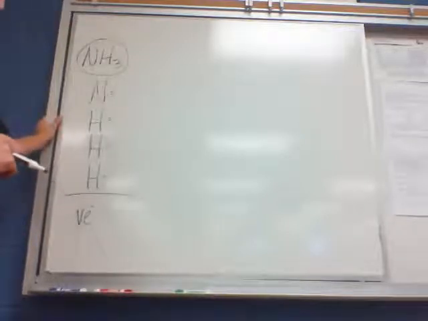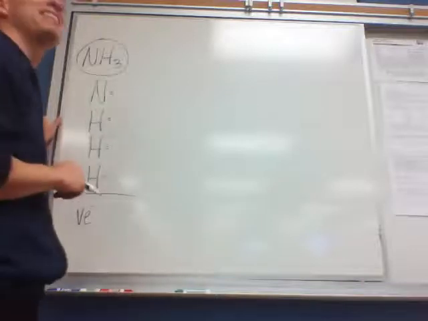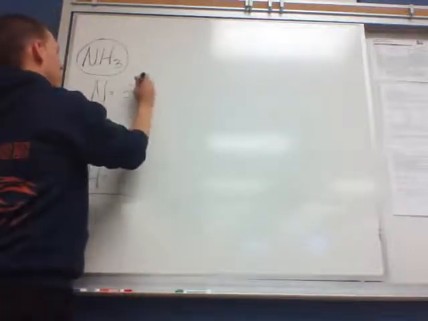How many valence electrons does nitrogen have? 5. Group 15 is 5.